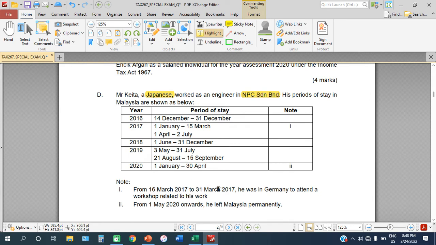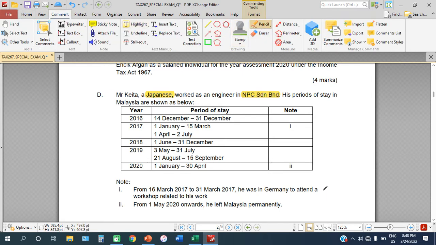During YA 2017, is he working in Malaysia or not? Yes, isn't it? Therefore, when he went to Germany to attend a seminar related to his work, definitely guys, confirm, everyone, this is TA. Why? Because his employment is in Malaysia and then he went to Germany due to a work matter. Alright? Okay, how about note number 2?